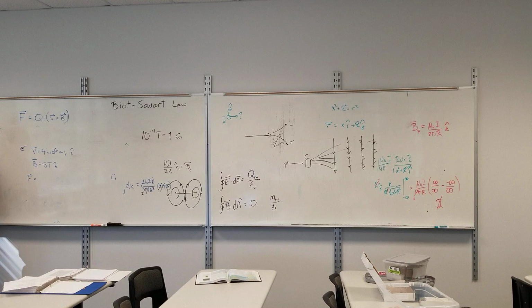Well, what's the charge of an electron? Negative 1.6 times 10 to the negative 19. Units? Coulombs.